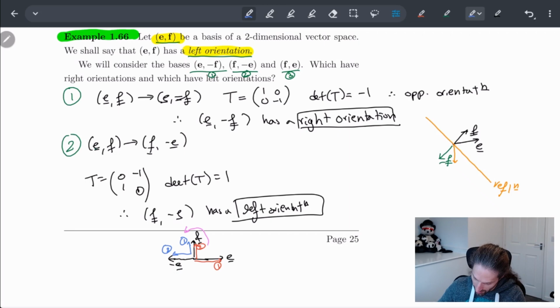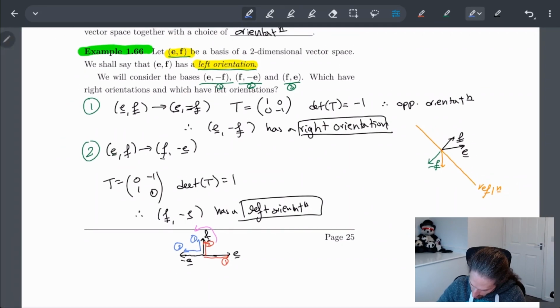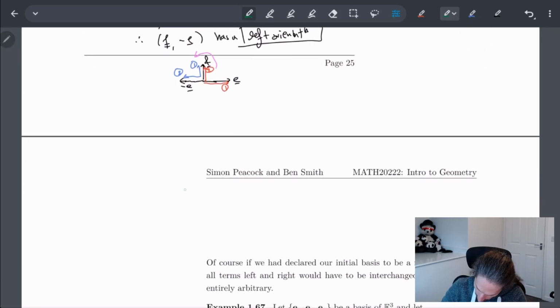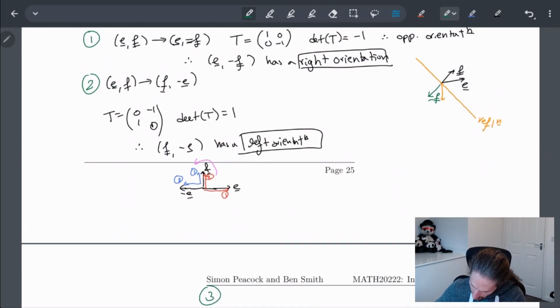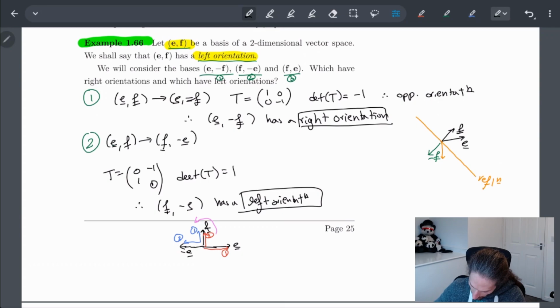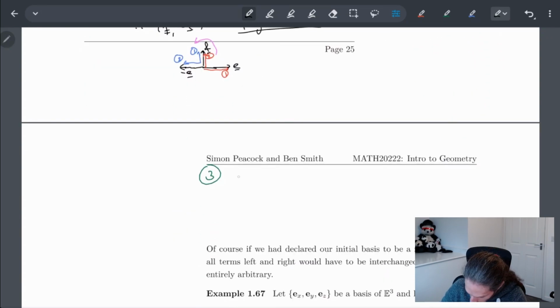Let's look at one other example. The third one takes us to FE. So what does FE look like? EF goes to FE. At this point, this shouldn't be too hard to see what we're doing. Here the transition matrix is 0, 1, 1, 0.